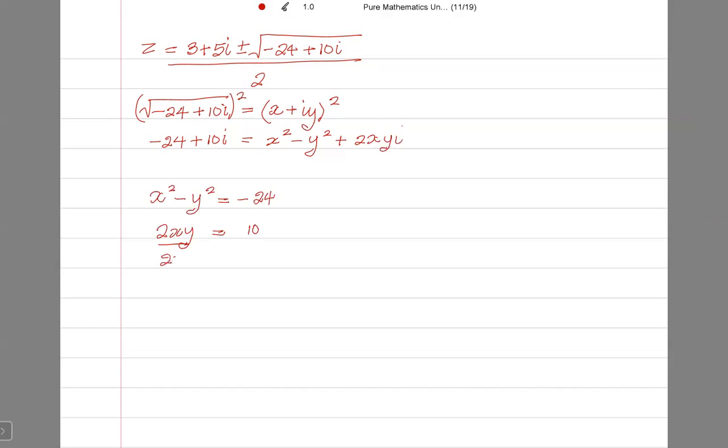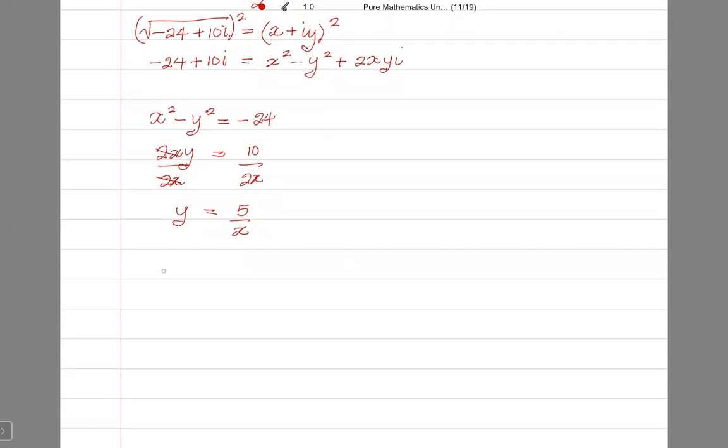Divide both sides by 2x to find out what y is, and I'm going to get y is equal to 5 over x. I'm going to then substitute this value of y into equation 1, and that will give me x squared minus (5 over x) squared is equal to minus 24.